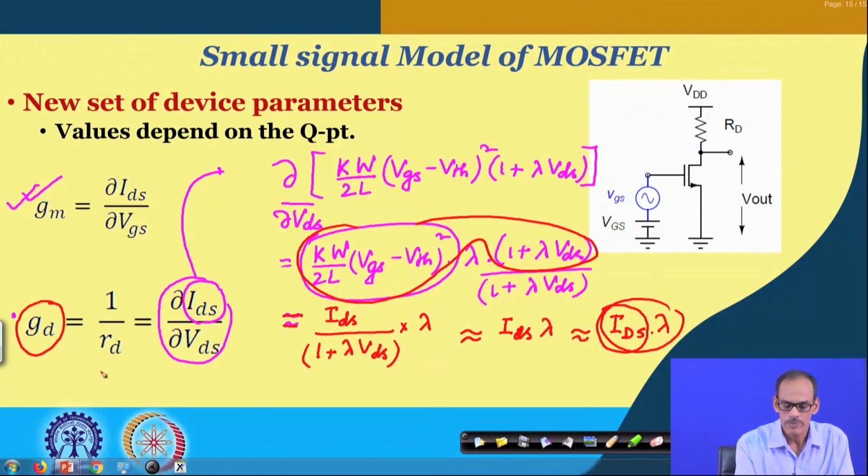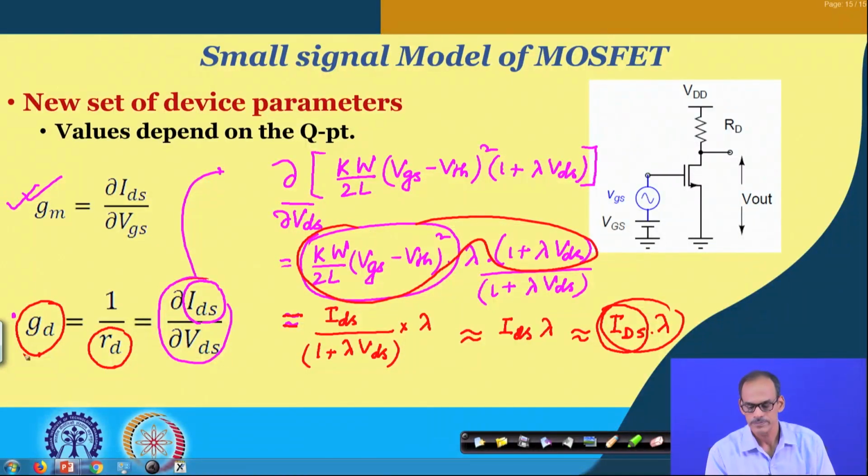We may draw the circuit. Of course, this is the expression of the GD, but we may draw the circuit either in the form of conductance or in the form of resistance. The corresponding resistance is just the reciprocal of this part, namely 1 by GD.